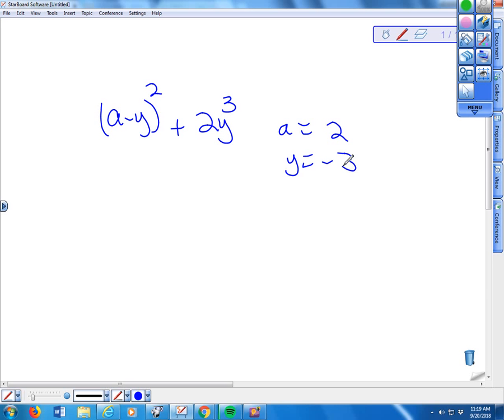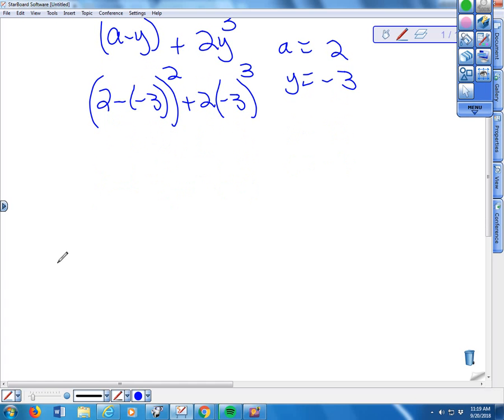So I'm just going to put in 2 for a, negative 3 for y, and now it's just a matter of simplifying. 2 minus negative 3 is 2 plus 3, squared is 25. Negative 3 cubed, negative 3 times negative 3 times negative 3 is negative 27, times 2 is negative 54, which is equal to negative 29.